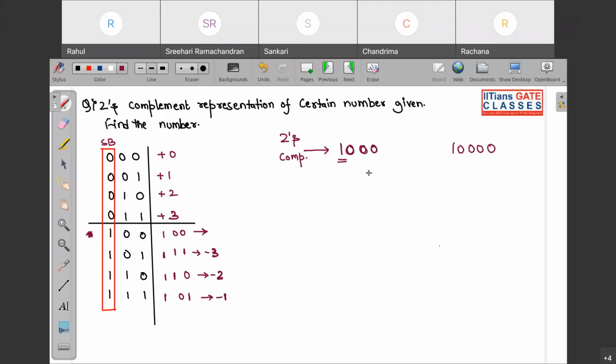So obviously this is a negative number. So if it is a negative number, for getting the original number, I need to take complement once again. So if I take complement, this will be 1 1 1, and this is 1's complement, so I need to add 1. So this will be 0, this will be 0, means carry 1. So this will be 0, carry is 1.